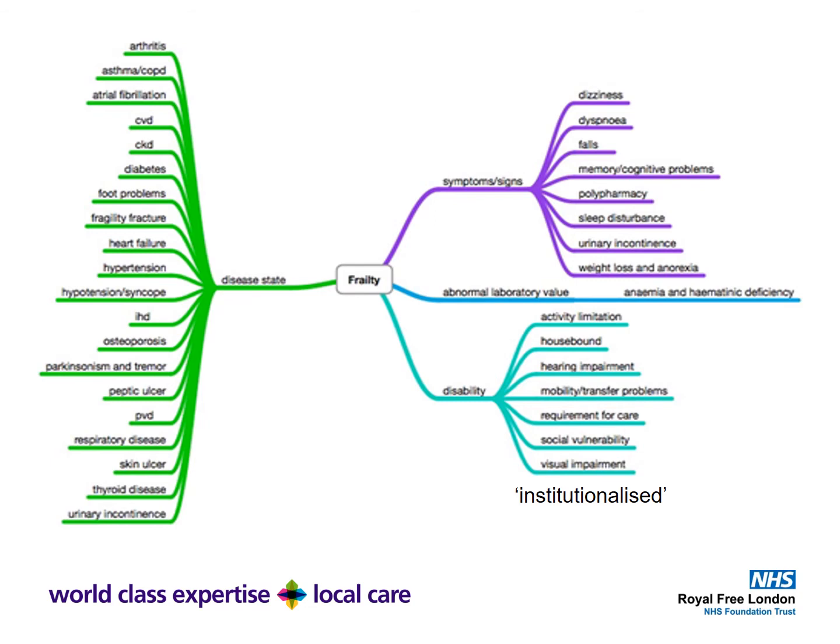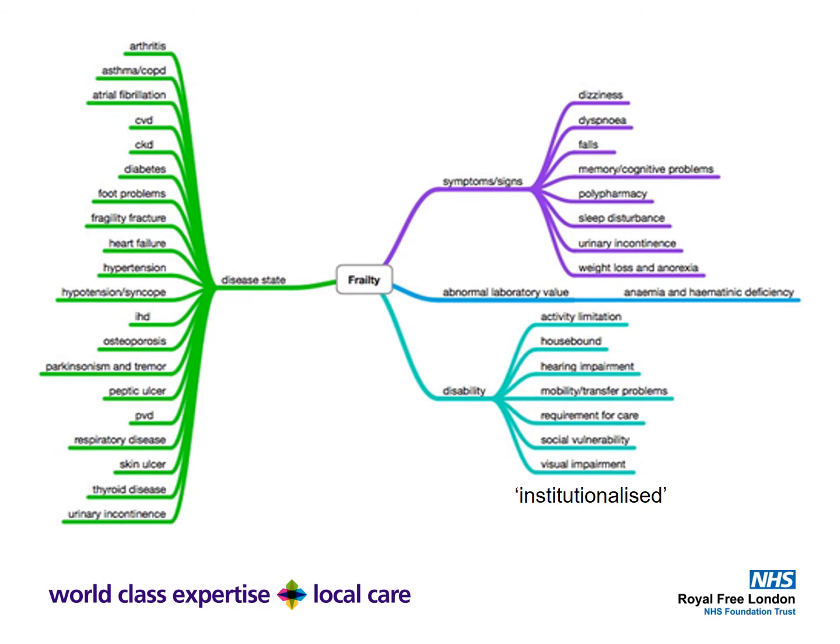Then you have the symptoms and signs. So patients present with dizziness, shortness of breath, falls, memory and cognitive problems, polypharmacy, sleep disturbance, urinary incontinence, weight loss, and anorexia. You may find a new trend or abnormal laboratory values such as anemia, hematinic deficiency, so B12 and folate, sometimes known as the tea and toast diet.